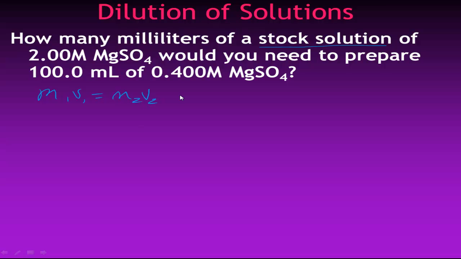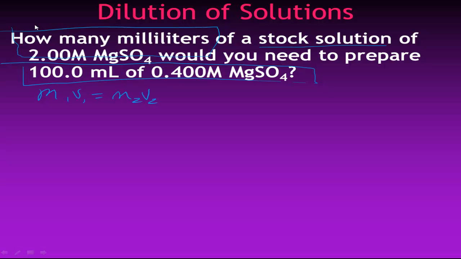And again, just like with the gas problems, we need to keep like terms paired together in these dilution problems. So you can see here this 100 milliliters of 0.4 molar magnesium sulfate are paired together. And up here, how many milliliters of a stock solution of 2 molar magnesium sulfate are paired together?